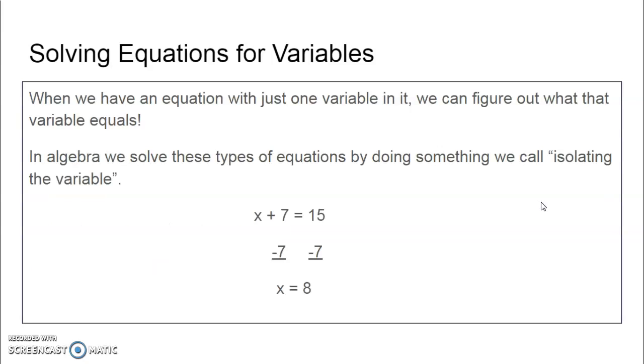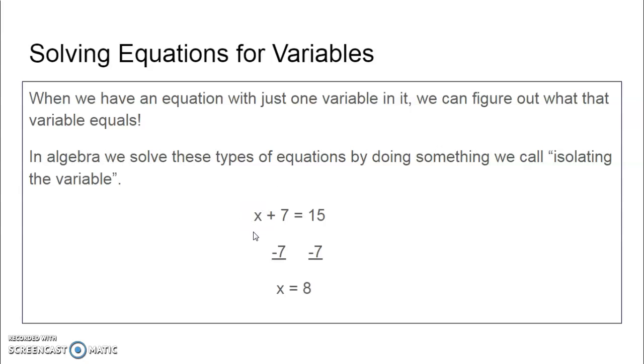But what I'd like to show you is what we do in algebra. All right, when we have an equation with just one variable, here's what we do. We do something called isolating the variable. Okay, if you think about the term isolate or isolation, that means when something is left alone. So right here, here's how we do it. We want to leave the x alone.